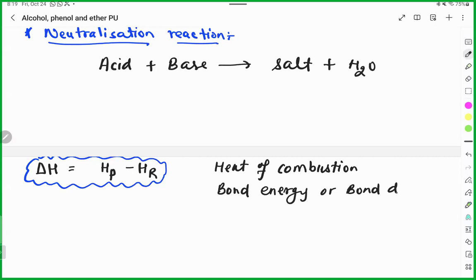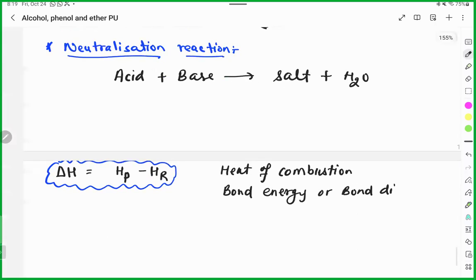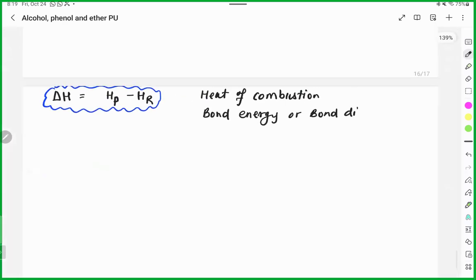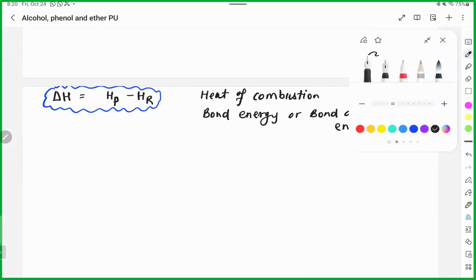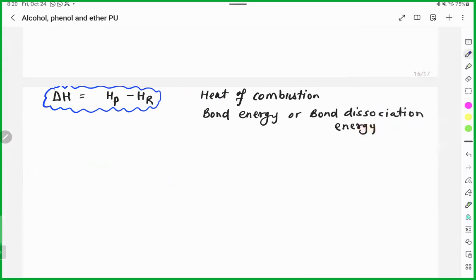Trust me, if you know only this segment, it is enough to finish your bond dissociation energy, enough to finish your thermochemistry. Because every time you write the reaction, the energy will be given and you will calculate every value. But ultimately the formula is this: any change you are calculating, product minus reactant.